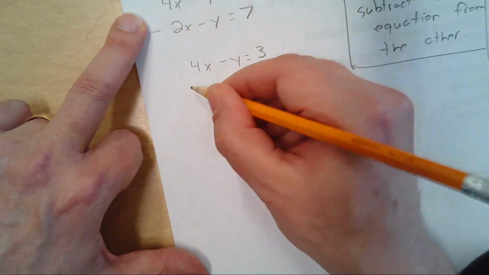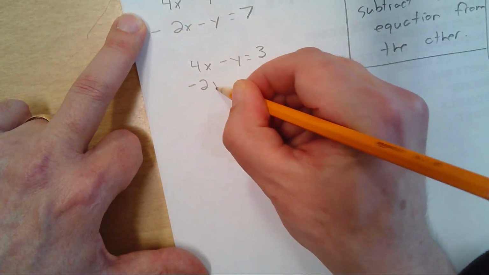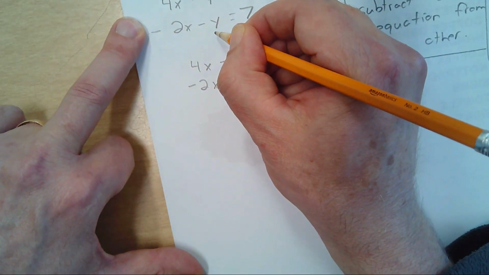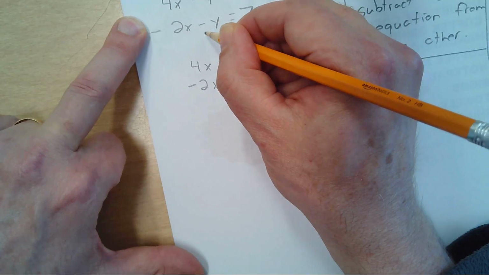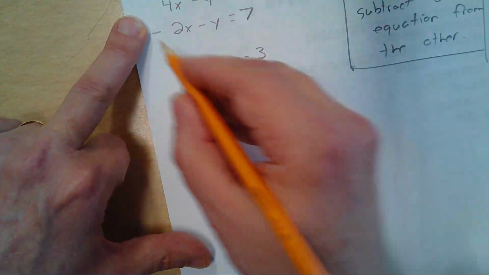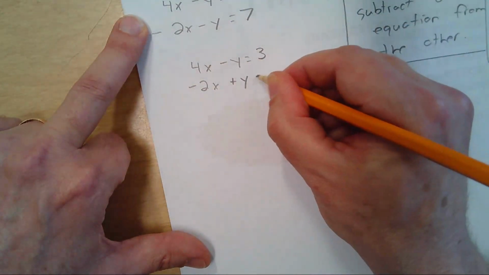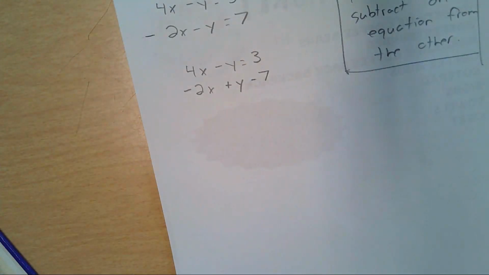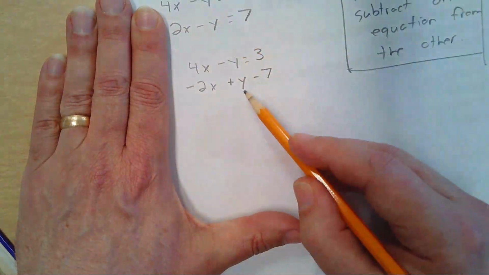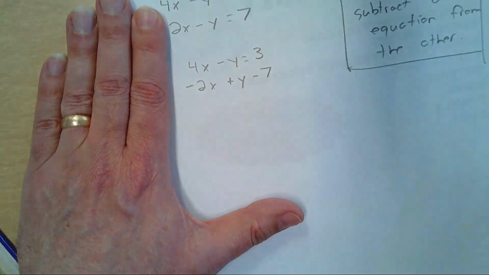If I subtract 2x, that's negative 2x. If I subtract y, that's a double negative. Subtracting a negative means it's the same as adding. And if I subtract 7, I just subtract 7. So in a sense, my 2x became negative 2x, my negative y became positive y, my positive 7 became a negative 7.